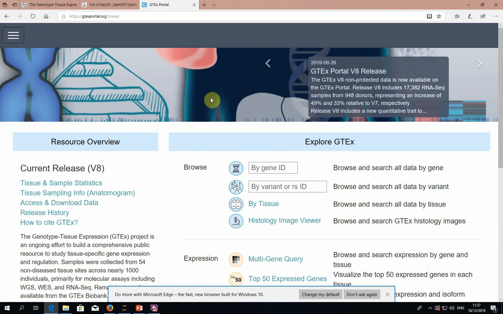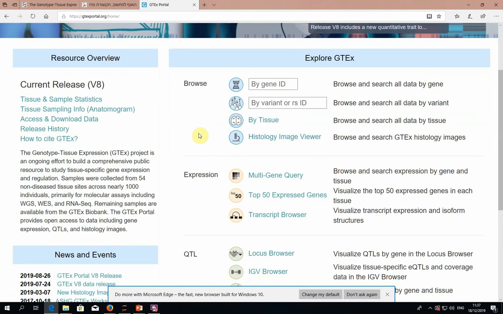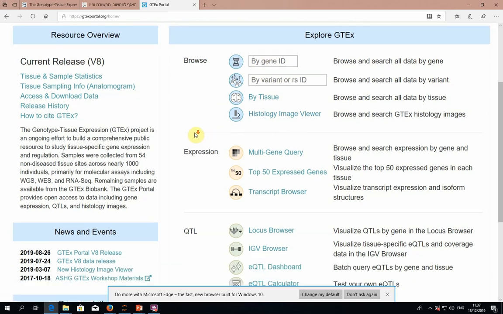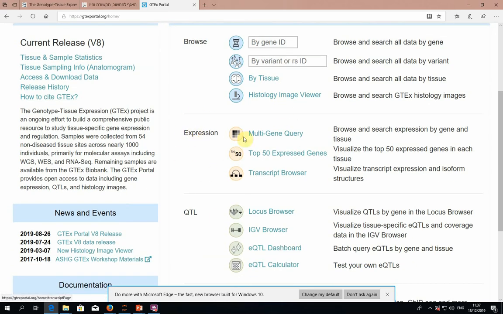So to explore GTEx, like in many other cases, you can go through your favorite gene. You can do it by variant, because remember, we are looking for the genomics aspect of it, it's not just the gene. You can do it by the tissue. You can do it through histology images, and they provide you the histology. And they also have some kind of meta-analysis. For example, you can do a multi-gene query, where you get a list of genes and you want to get them together.